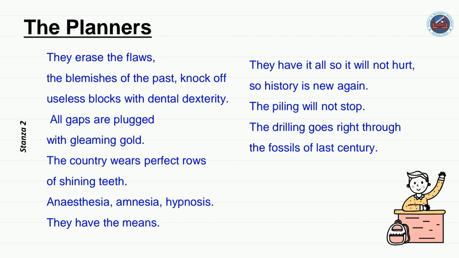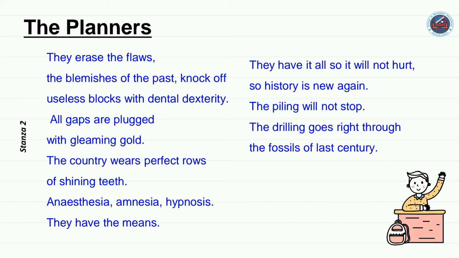Dental dexterity is usually very precise, which shows that everything in the city is planned and can be manipulated. The line, all gaps are plugged with gleaming gold, extends the metaphor of dentistry, since the gaps are like holes in the teeth and the gleaming gold is a filling.